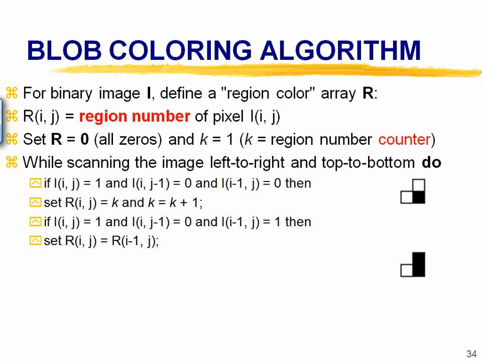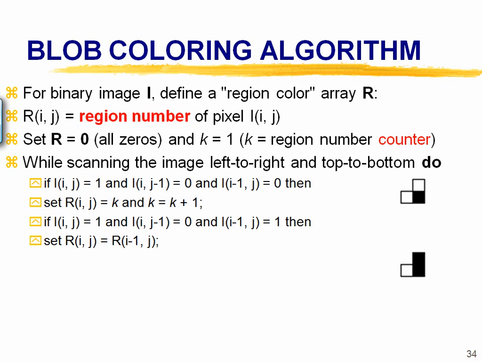The reason we restrict ourselves to only those 2 pixels is because in a raster scanning fashion, those are the only 2 pixels you would have visited before getting to this pixel. Everything else is going to still come. You've not visited those pixels as yet. Agreed? So this is the first condition we check for.